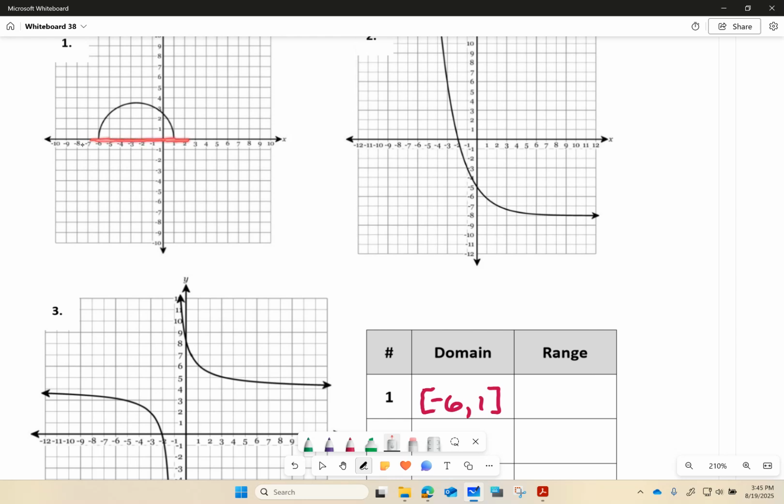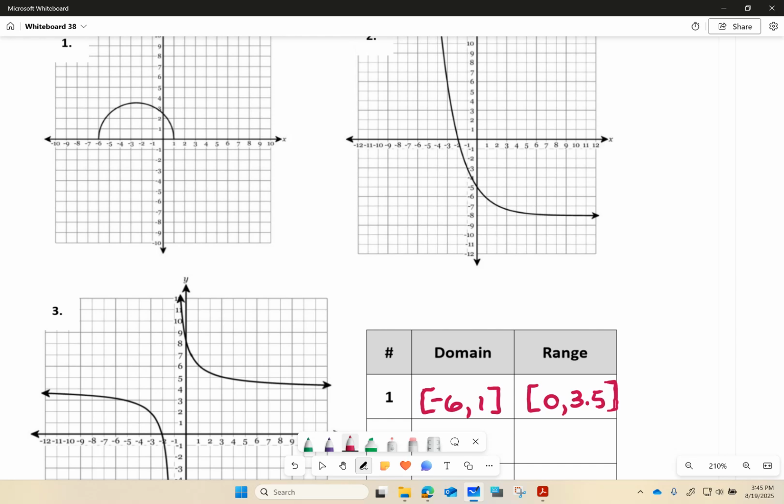And if you look at it with respect to the y-axis, our y value is going to be 0, and the highest value is going to be right here at around 3.5. So the lowest y value was a 0 all the way to 3.5 on the y-axis. Okay. All right. So that's the domain and range for that one.